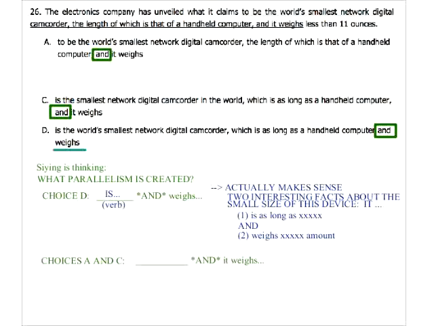So in order for this to work, this time this is actually a complete clause, because we have a subject and a verb. We have "it weighs." So to have a parallelism, you need another clause. Where's that clause?